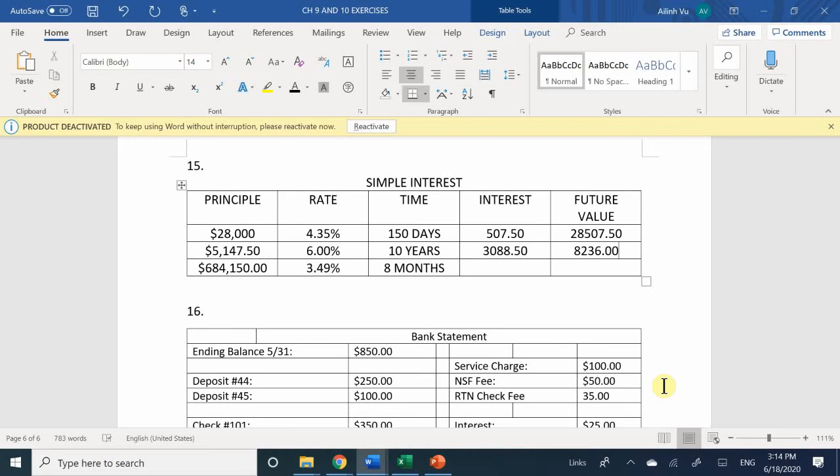Andrea, what is the formula for future value? The future value is the principal times, not times. We're looking at future value. Principal divide, not divide. The way I did it was I did the principal times the rate.